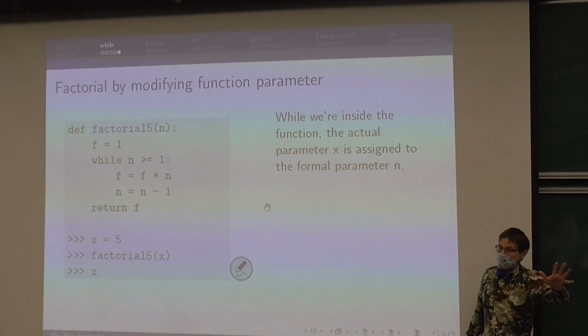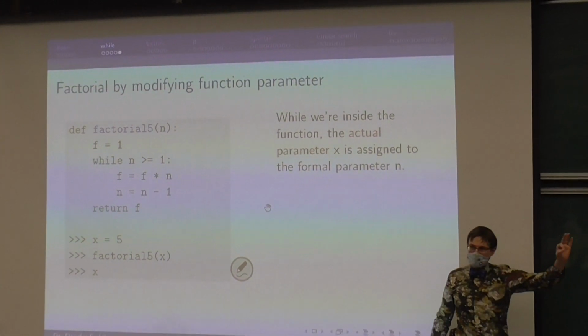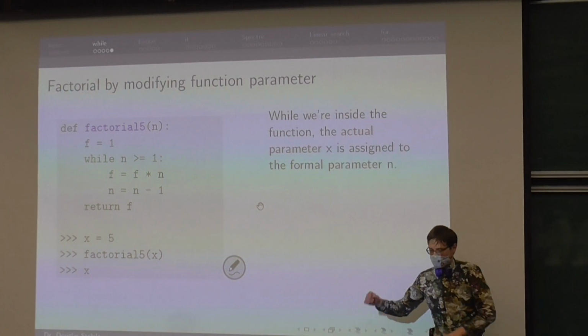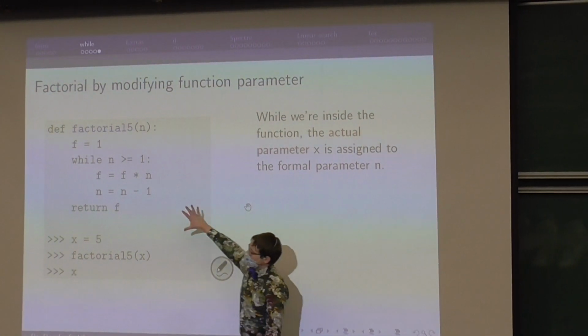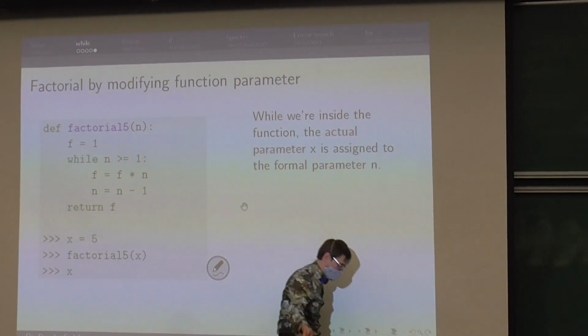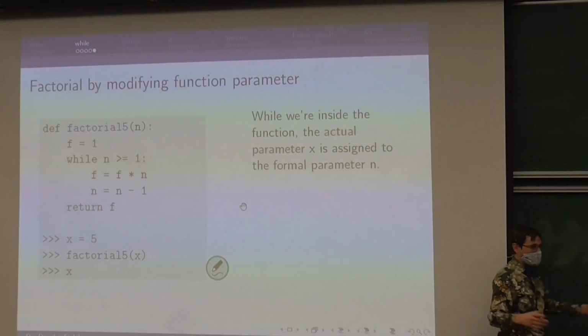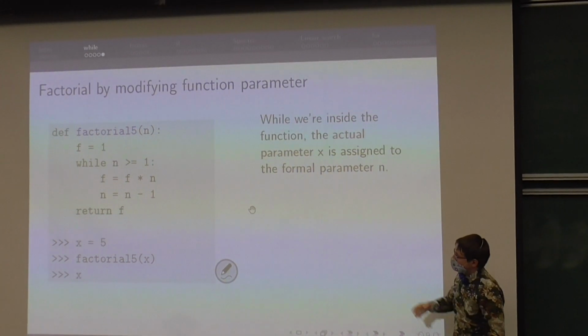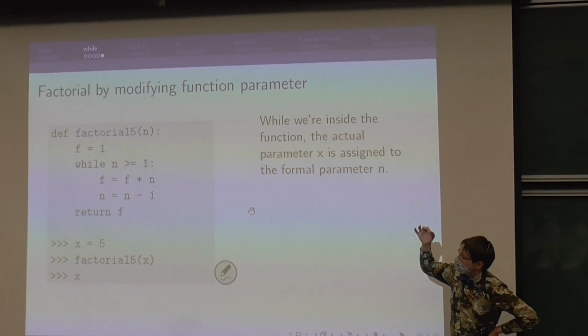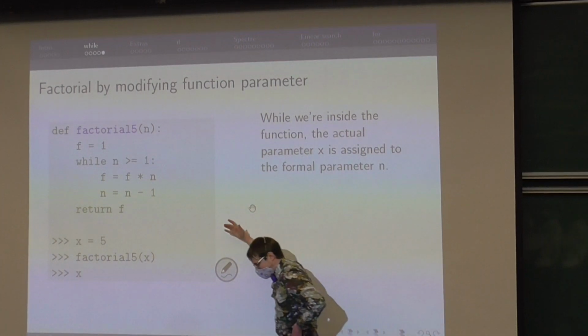If you want to learn more about that, take a course like 1XC3, which gets into C programming. This gets translated into machine code. That's the process of compilation, or interpretation in the case of Python.